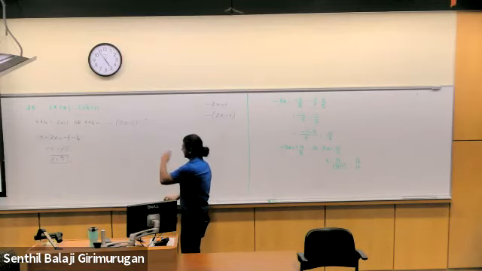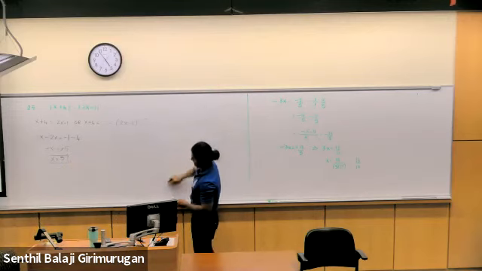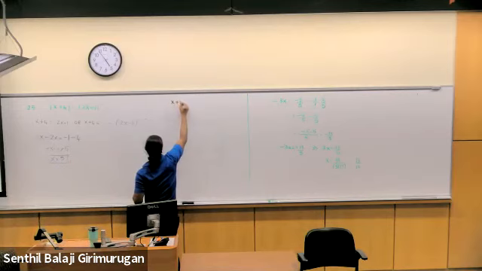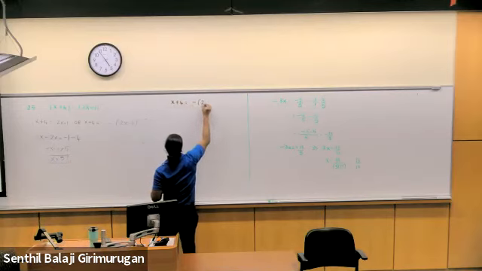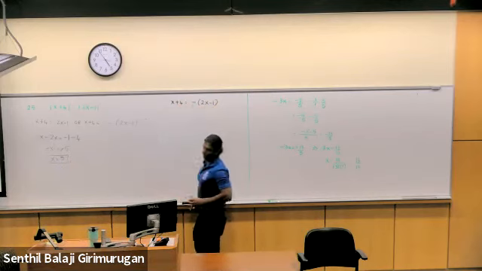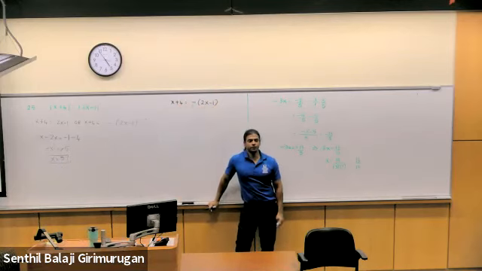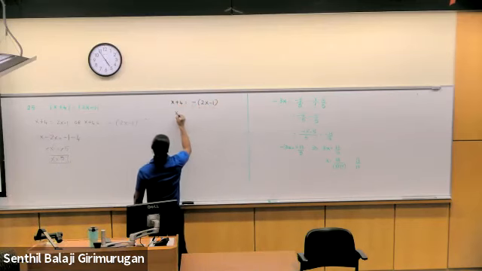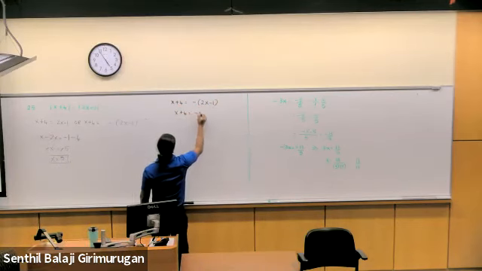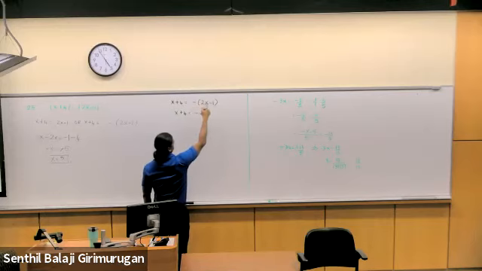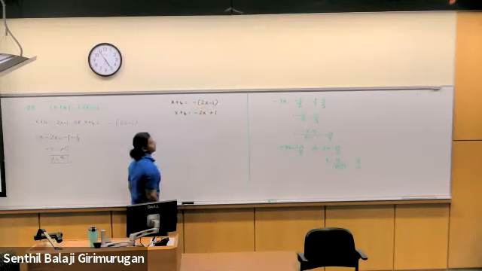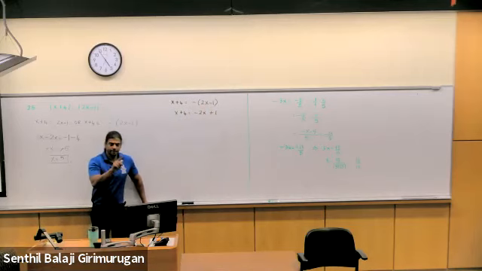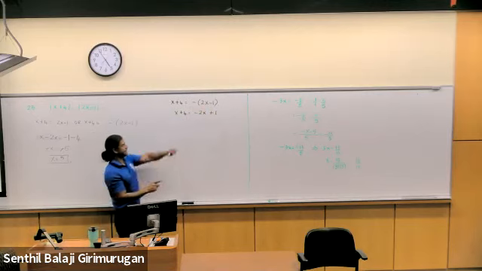We are going to do the same with the second bit. x plus 4 is equal to negative of 2x minus 1. Distribute the negative. x plus 4 is equal to minus 2x. Negative times negative 1 is positive 1. Move all the x's to one side, numbers to the other.